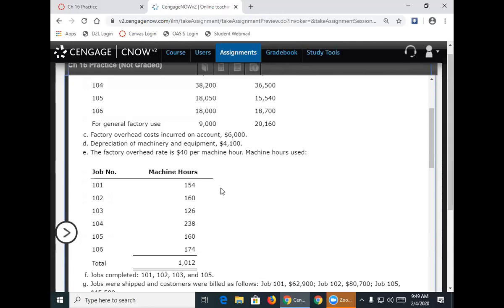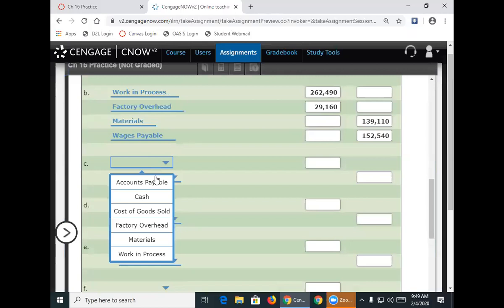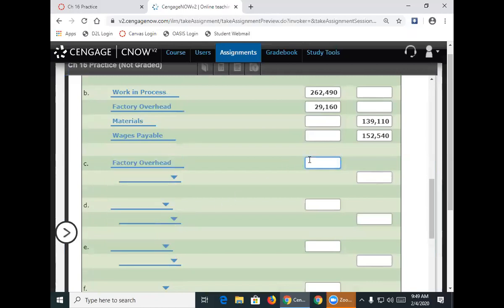They don't tell us what it was for, but it's some kind of overhead cost. So I'm going to debit factory overhead $6,000. And then it said on account, so I'm going to credit accounts payable for the $6,000 of actual overhead.